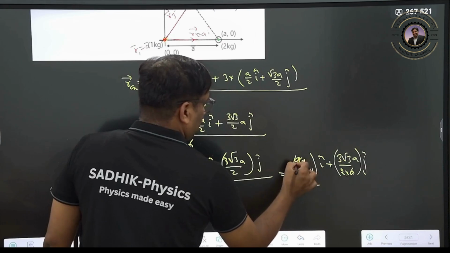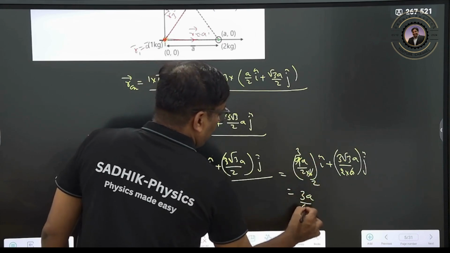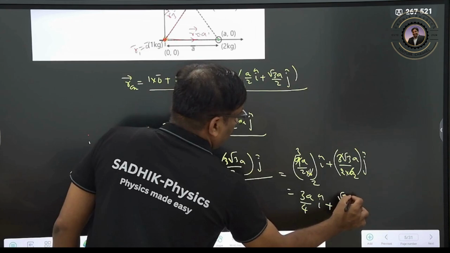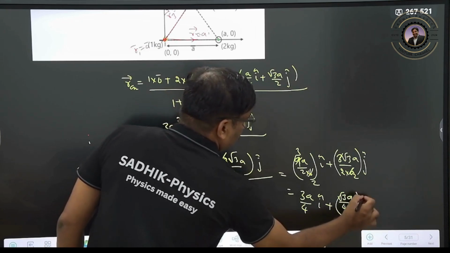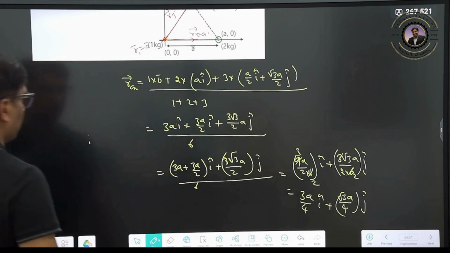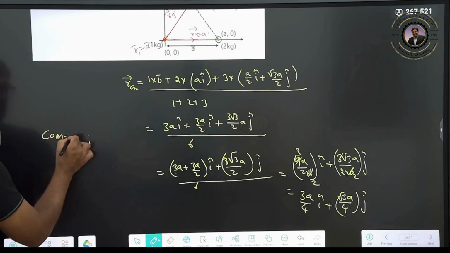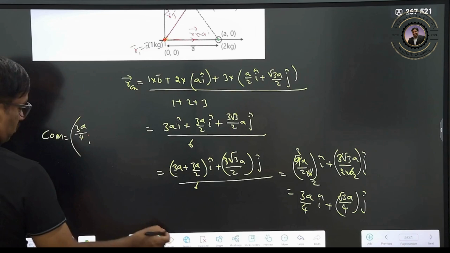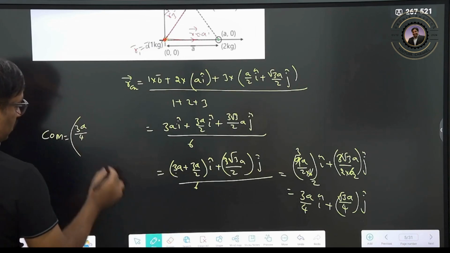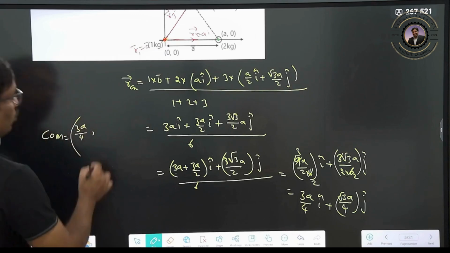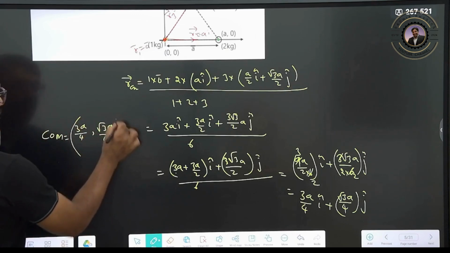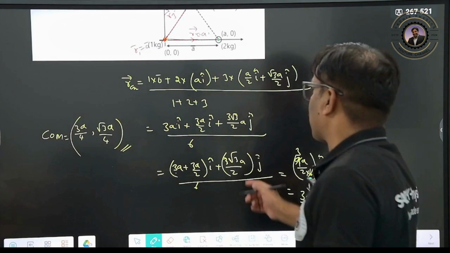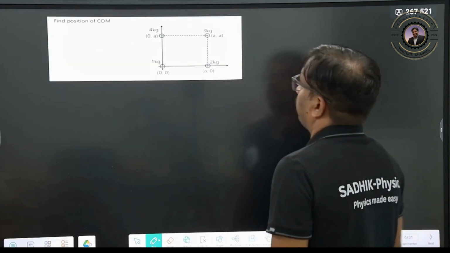So it is 3a by 4 i cap plus root 3a by 4 j cap. So what will be your center of mass? You can rewrite it as 3a by 4 comma root 3 a by 4, this will be your center of mass. Clear? So you can calculate the problems like this.